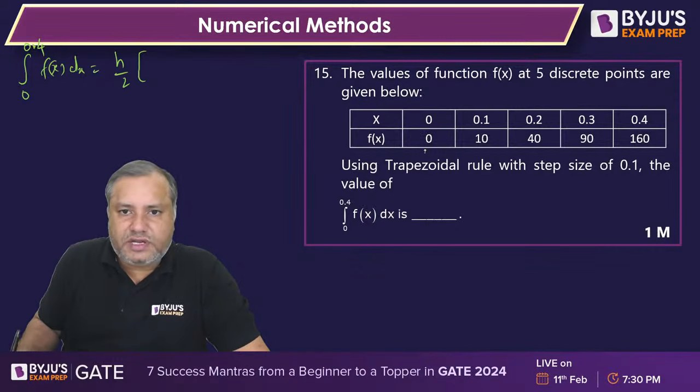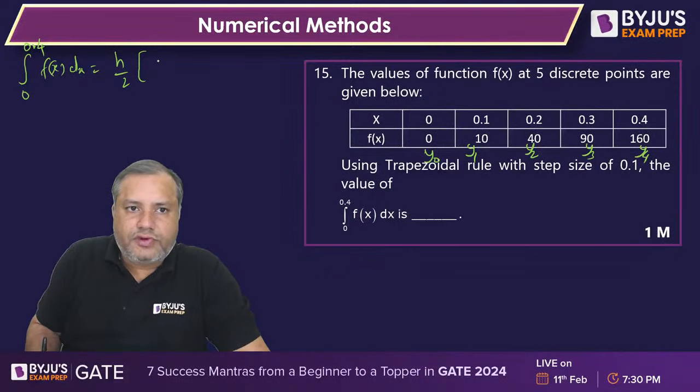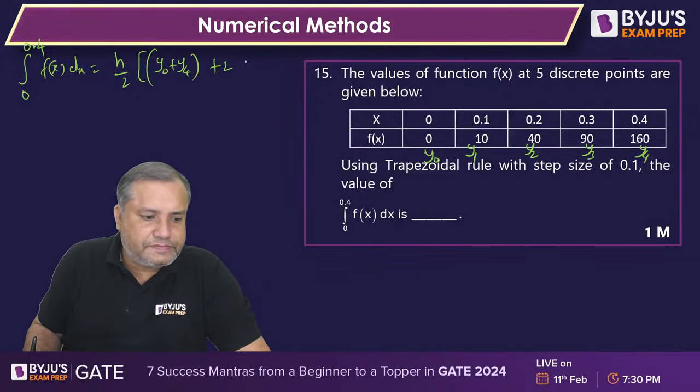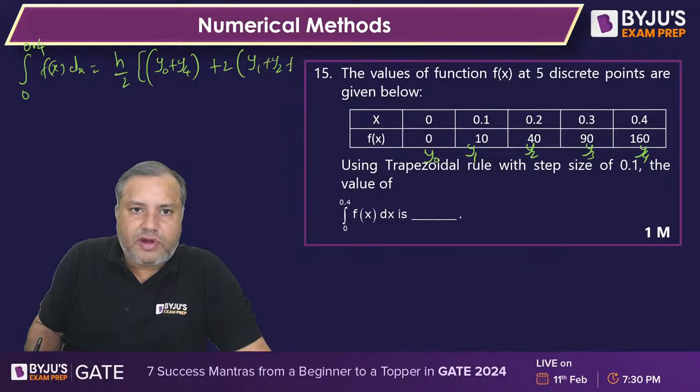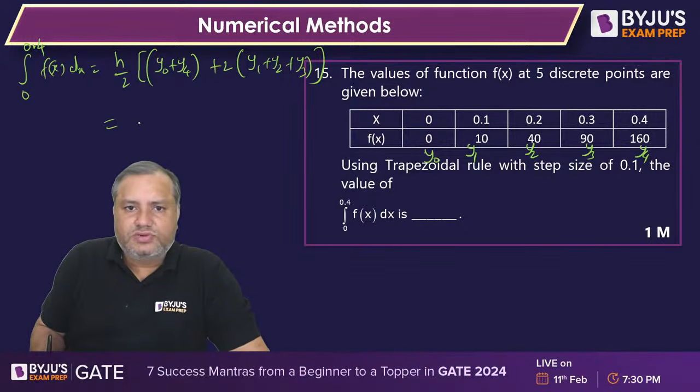Just number it y0, y1, y2, y3. So first entry plus last entry plus 2 times the remaining entries. The remaining entries will be y1, y2 and y3. Just do the calculations.